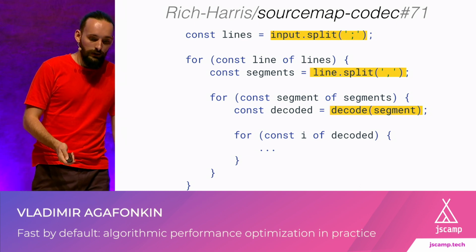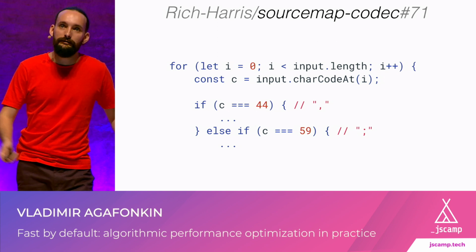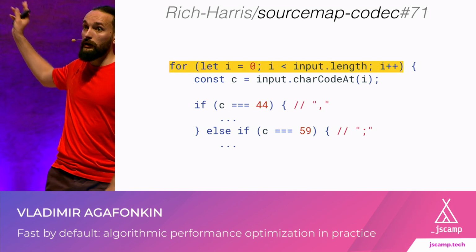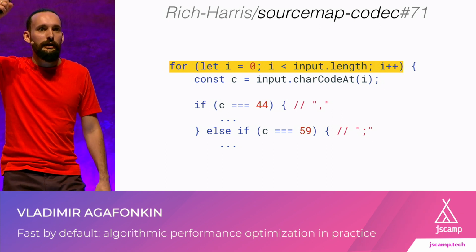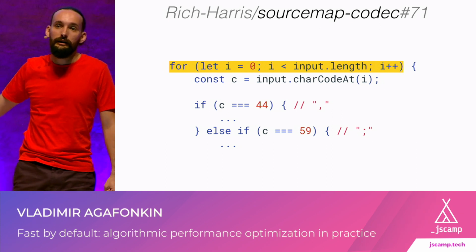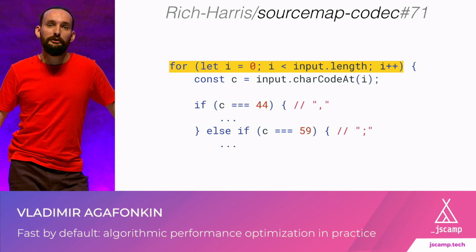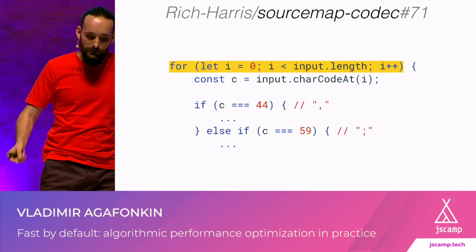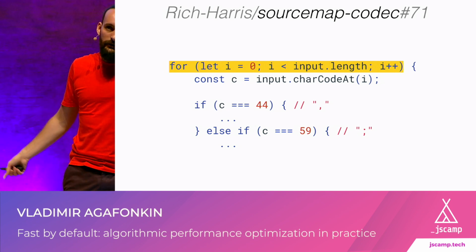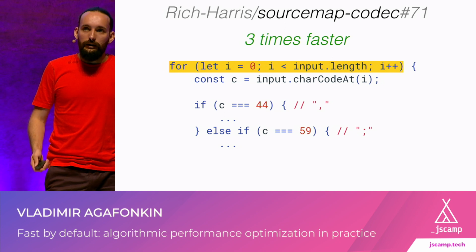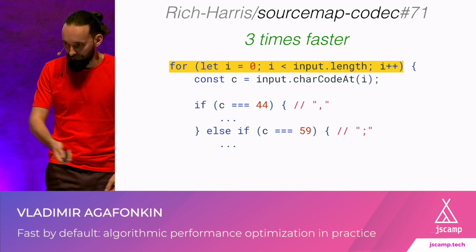So instead, I decided to rewrite this whole approach from scratch, and I made one loop that goes over each character of the string separately and does not allocate memory at all. We just go character by character and decode it, and it was 3 times faster.